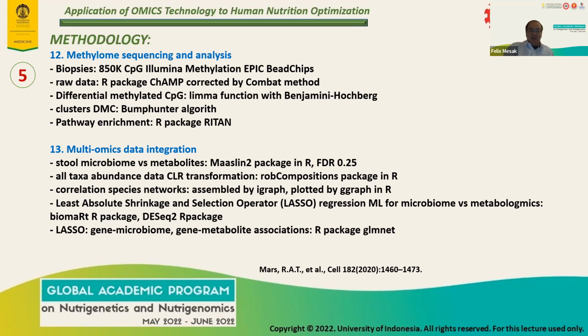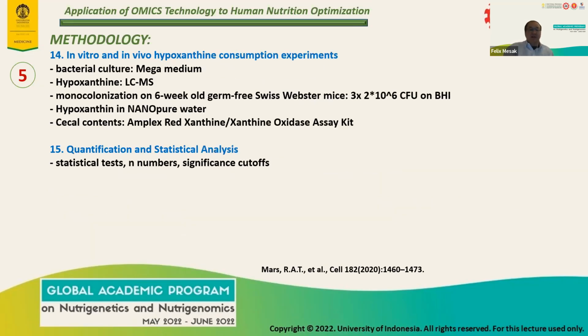So, yeah, there are quite a lot of data, and we still have the in vitro and in vivo hypoxanthine consumption experiment. Now they have a discovery, and then they have to develop bioassays, and they run in vitro and in vivo.